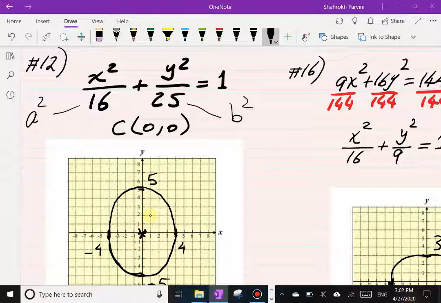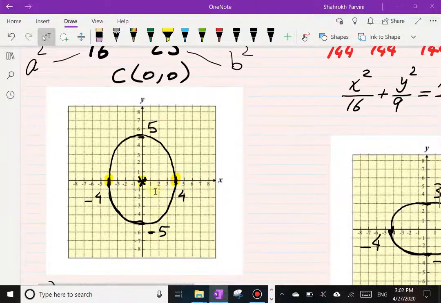So from the center, I go to the right 4 units, and that's how I get this point. And then from the center, I go to the left, and you get negative 4 on the left. Likewise with b here. b squared is 25, so the square root is plus or minus 5.